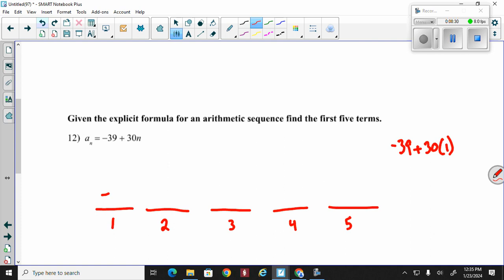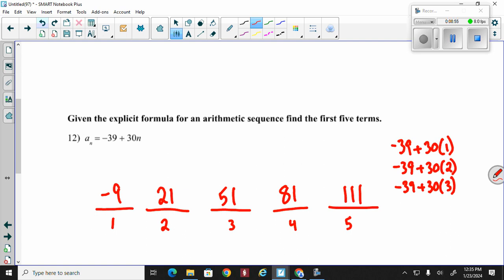Do the math, you're going to get negative 9. Then it's negative 39 plus 30 times 2. And then when you do that, you're going to get positive 21. And then you're going to keep that process going. I'll do it one more time, but I'm trying not to eat up too much time here. Times 3, and that will be 51. And then you do it times 4, that would be 81. And then 111.